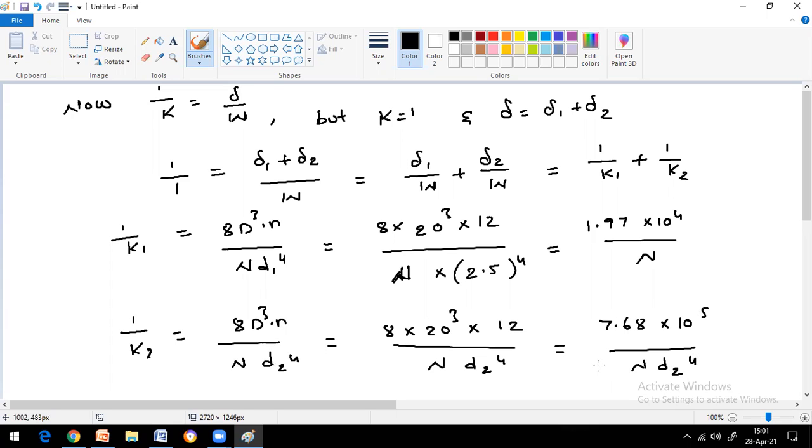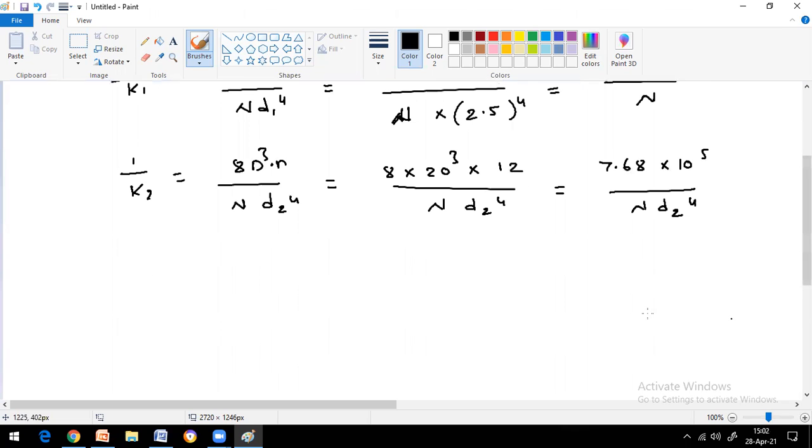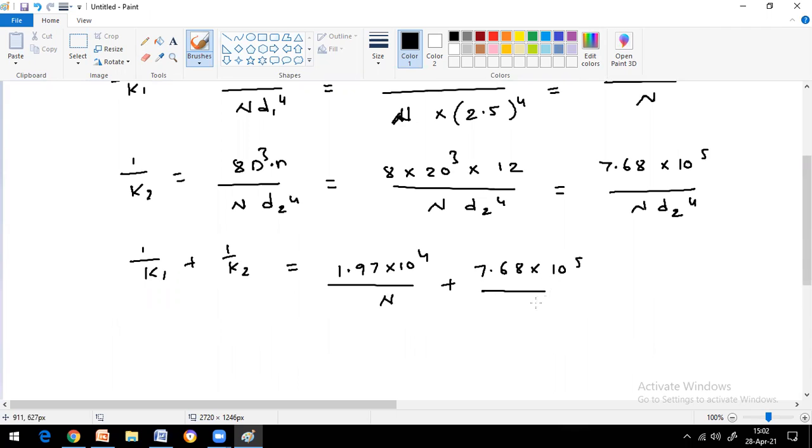Hence by adding these two, why? Because 1 by k1 plus 1 by k2, add these two. 1 by k1 plus 1 by k2 is equal to 1.97 into 10 power 4 by N plus 7.68 into 10 power 5 by N d2 power 4 is equal to, what is this?